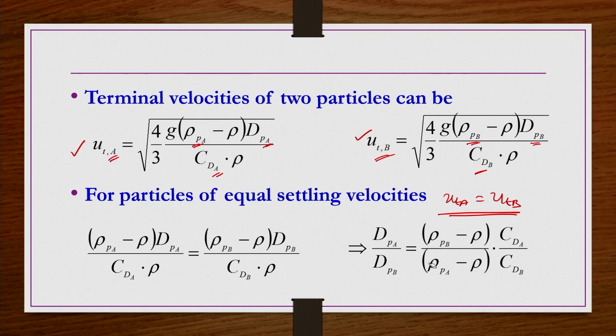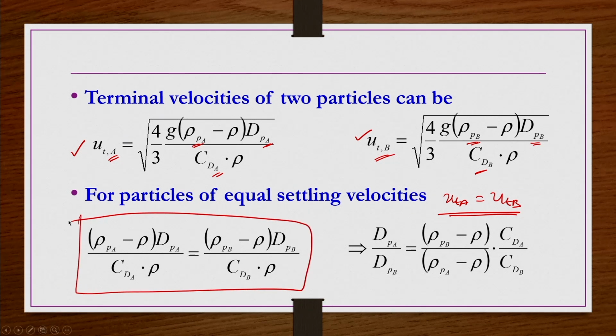When you take UTA equals UTB, from these two expressions you will get (rho PA minus rho) multiplied by dPA by (CdA rho) is equal to (rho PB minus rho) dPB by (CdB rho). From here, dPA by dPB, you will get this expression: (rho PB minus rho) by (rho PA minus rho) multiplied by CdA by CdB.